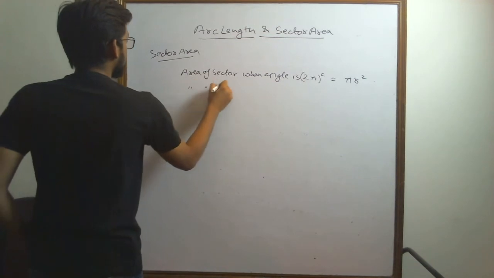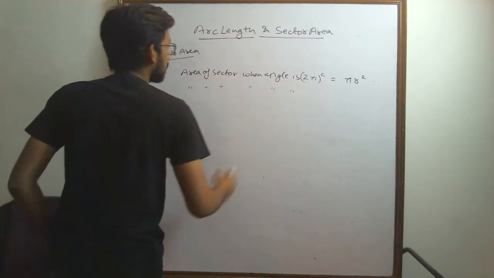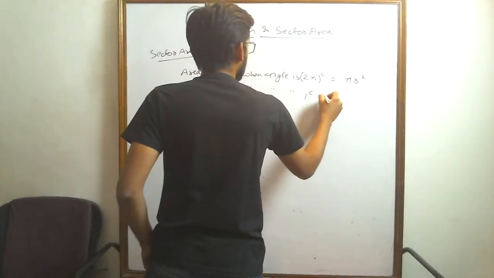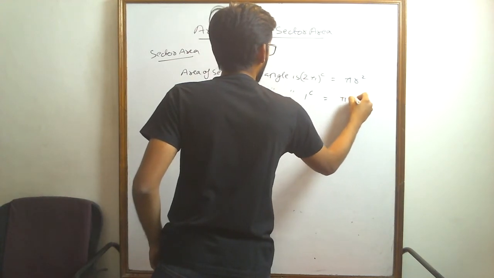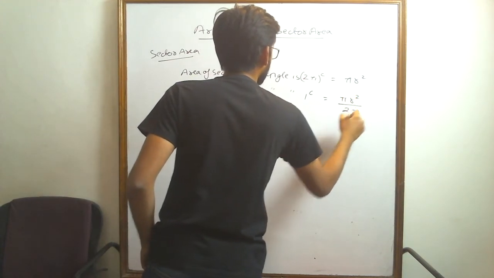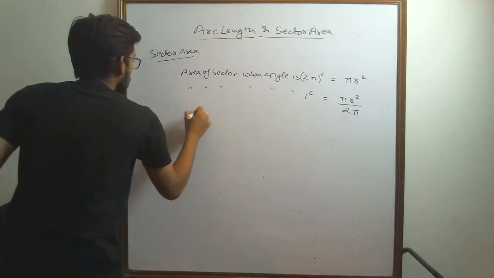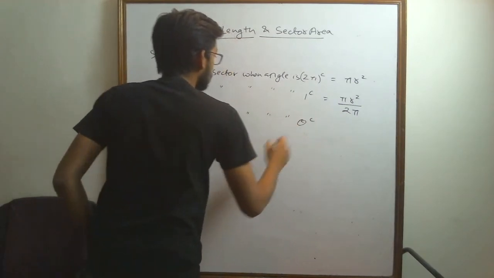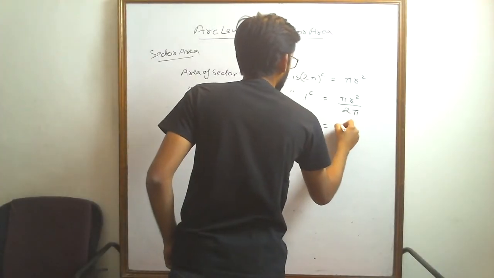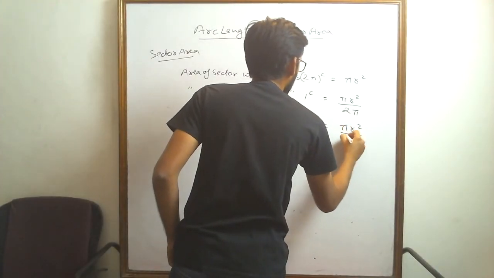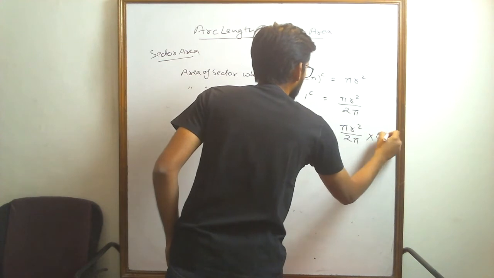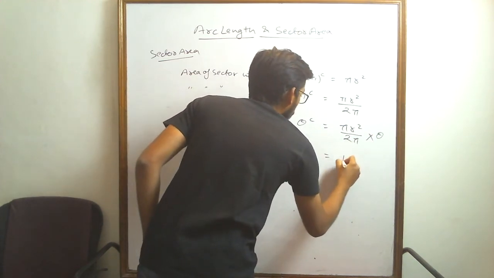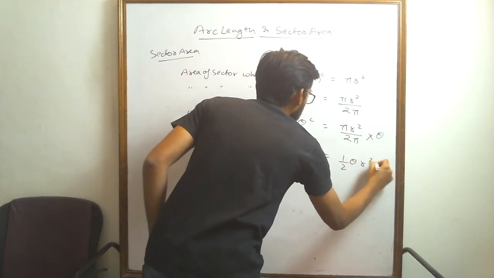The area of sector when angle is 1 radian will be equal to pi r square upon 2 pi. Then the area of sector when angle is theta radians is equal to pi r square upon 2 pi into theta, which is equal to 1 by 2 theta r square.